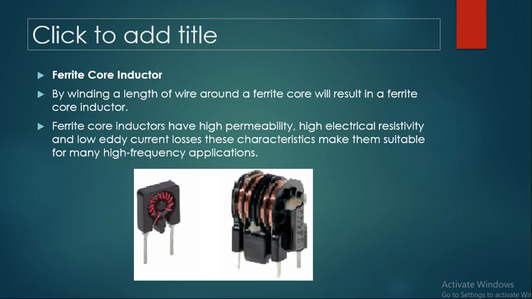These features make them suitable for many high frequency applications. Whenever we require very high frequency to transfer data at a very fast rate, we can make use of this.